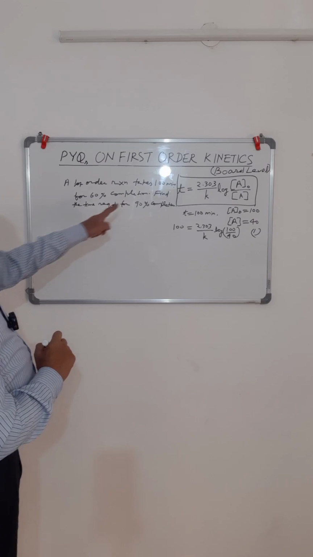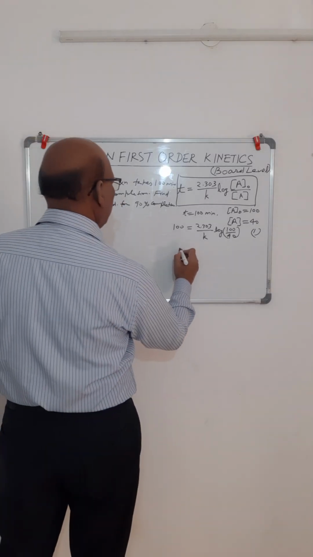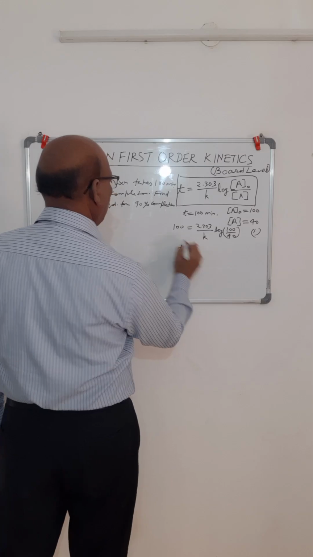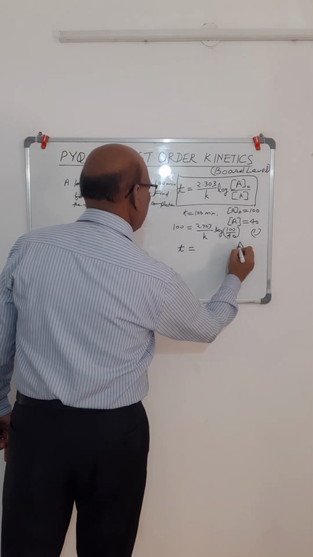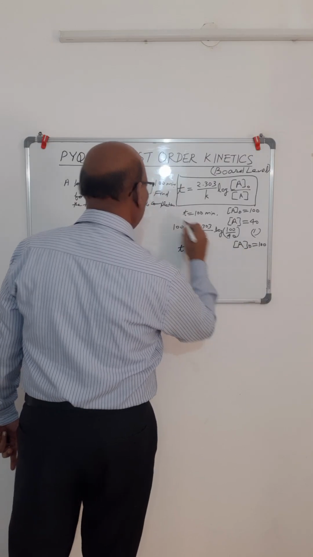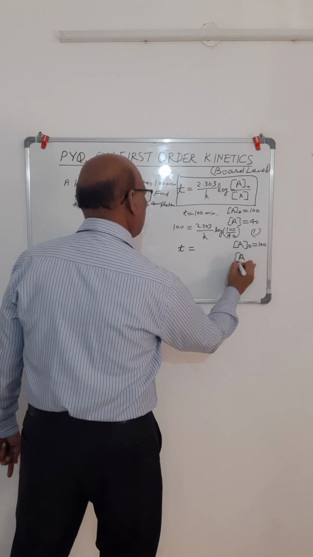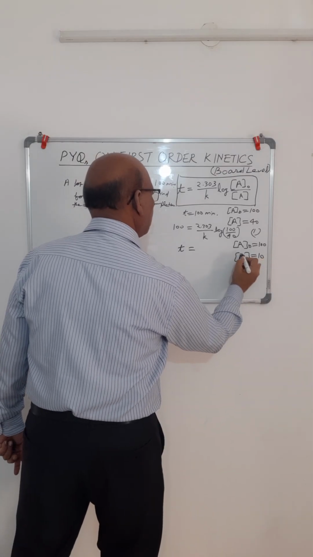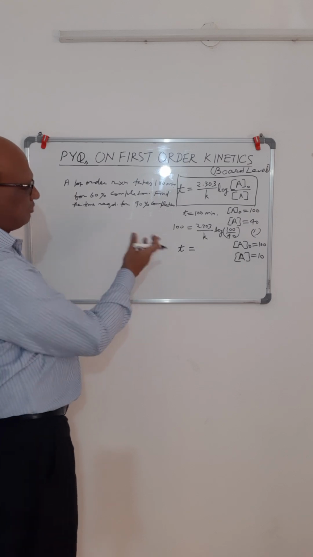Now we have to find the time required for 90% completion. Let the time be T for 90% completion. In this case our A naught will be 100, and what is the remaining concentration after 90% completion? 10 moles per liter will be remaining because it is 90% complete.